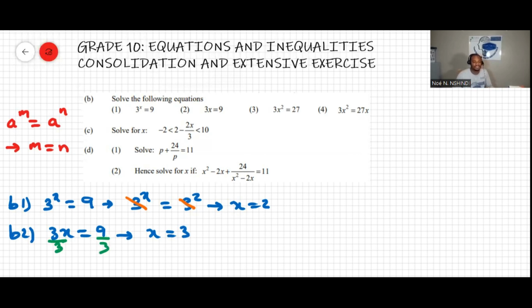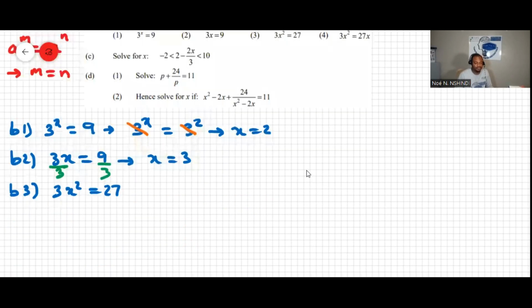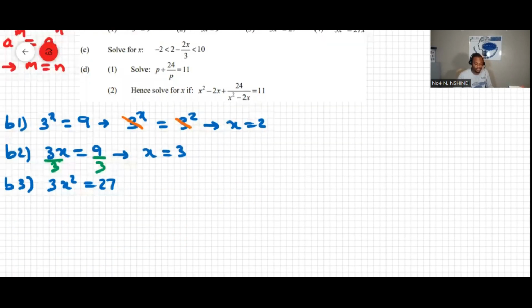The next question is B3. It's 3x squared equal to 27. Again, over here, we can divide both sides by 3, and then this means we have x squared equal to 9.